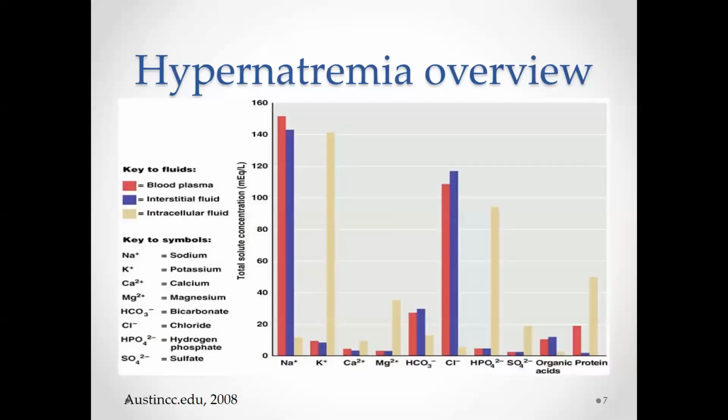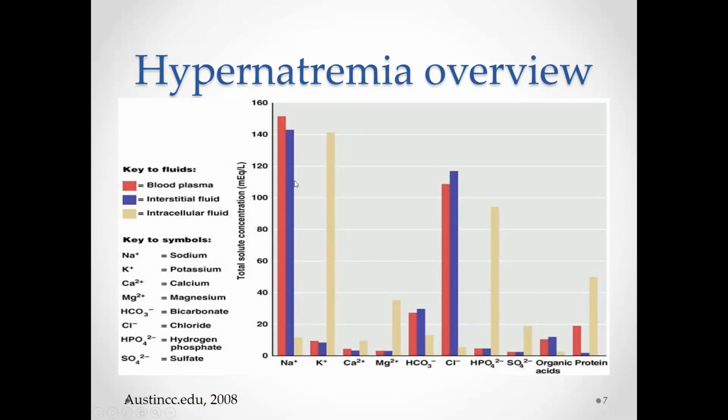Here we have the electrolytes in different compartments. In the blood plasma, which is in red, we can see that the sodium is quite high, and the chloride is high, as well as the protein and the bicarb.